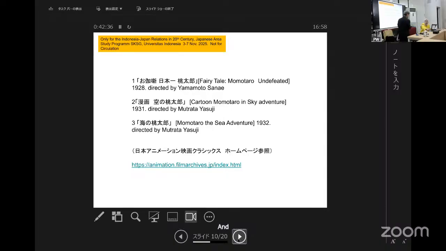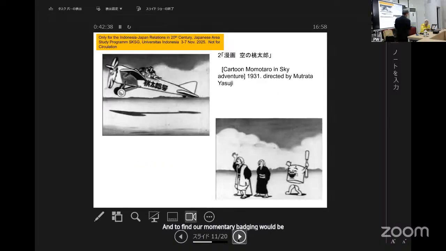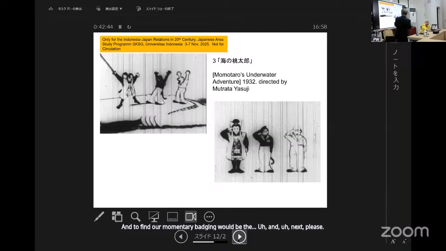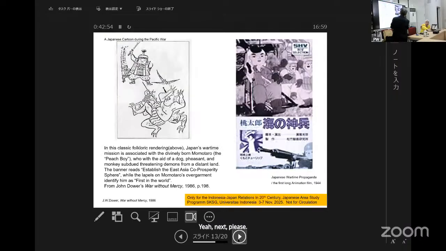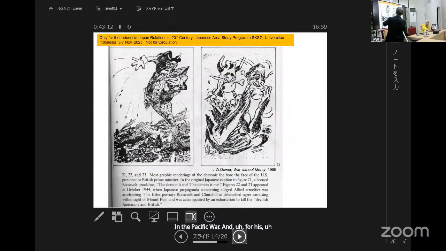And the final Momotaro version would be the, next please. Yeah, next, please. And this is, I think, the final version of Momotaro to justify the Japanese war effort in the Pacific War. And please, next.